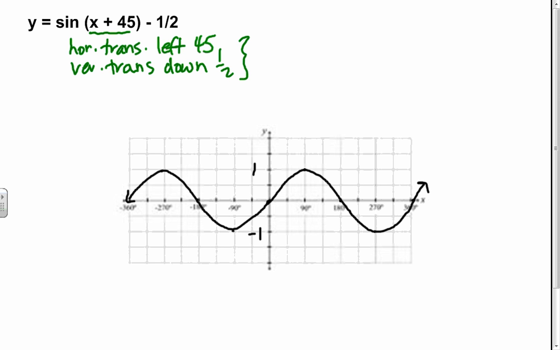Now I have a horizontal translation left 45, which would be 1 square left, and down a half, which is 1 square down. So 1 square left, 1 square down. I'm picking each one of these points, and left, down, left, down, left, down, left, down, left, down, and there is my new curve.